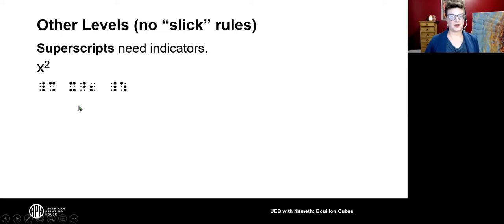So x squared is the letter x, dot 4, 5, and then the number 2. That is our x superscript 2. Superscripts have specific and explicit Nemeth Code rules. So in a UEB with Nemeth transcription, material with a superscript needs to be in a Nemeth bubble, especially when the superscript is an exponent.